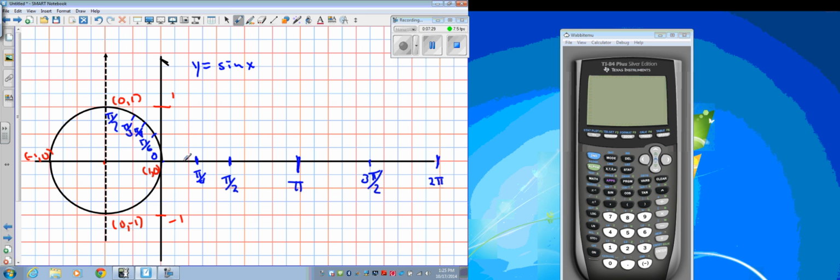And if I divide this into thirds, this is pi over 6, this is pi over 3. Now what's going to happen is, when I'm out here at pi over 6, I'm going to be right here at that point, right?